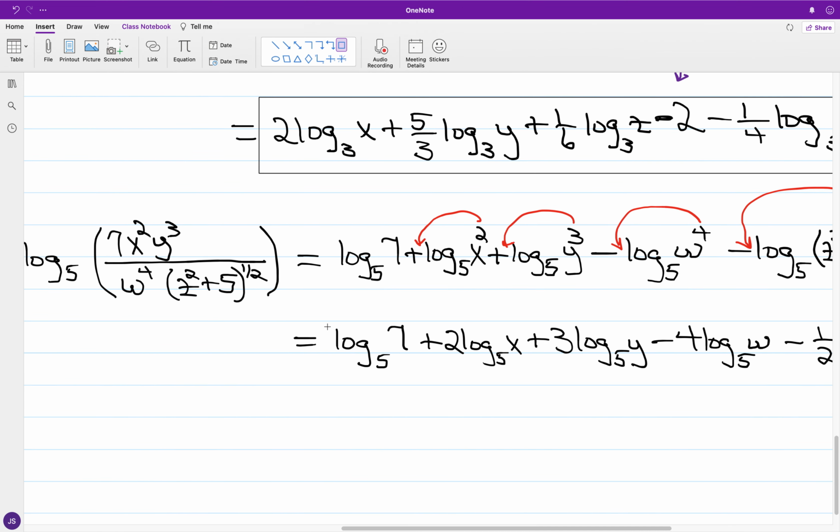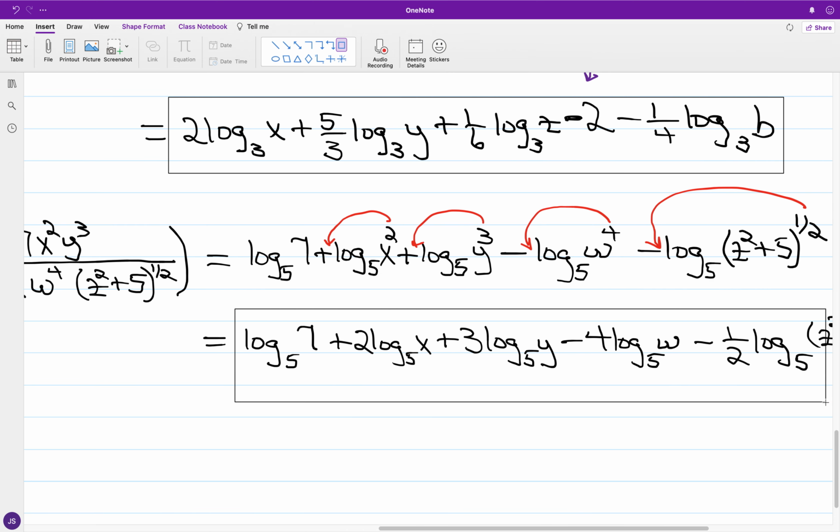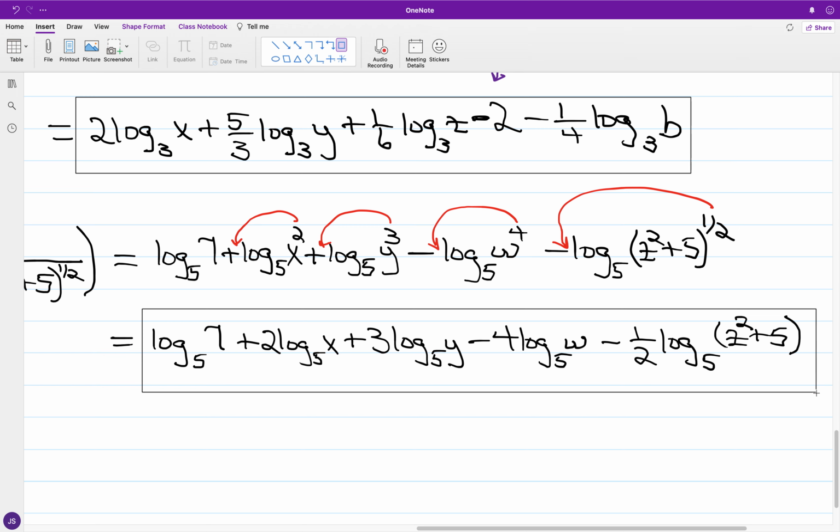Okay, now we'll be looking at going from expanding to combining logarithmic terms, okay.